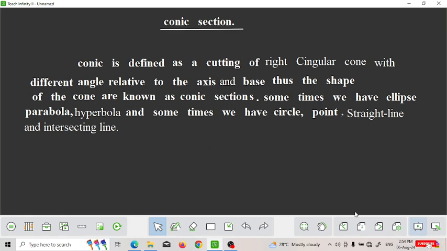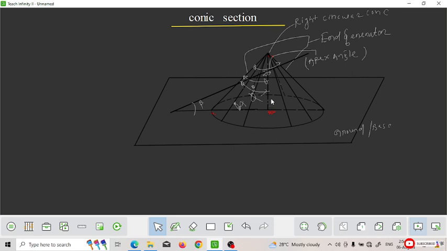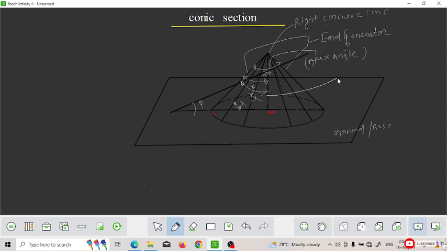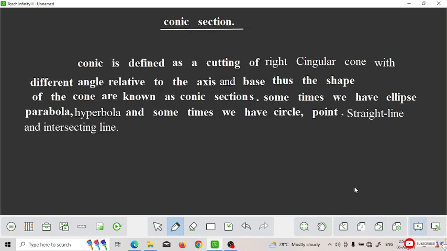Okay, so this is the axis and this is the base. Relative to the axis and the base of the cone, the sections are known as conic sections.